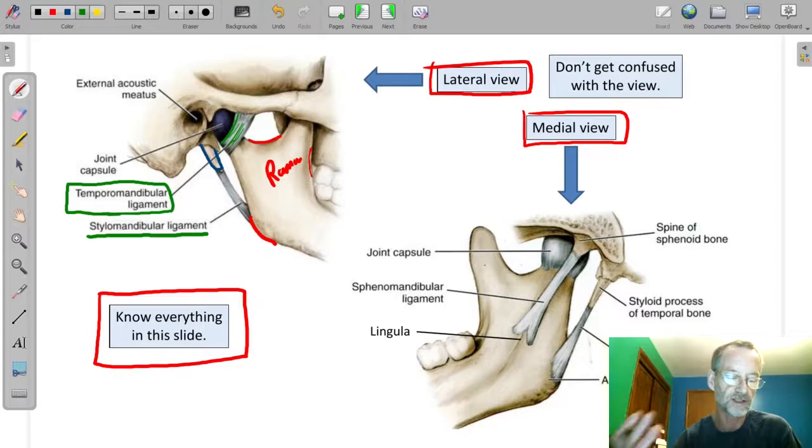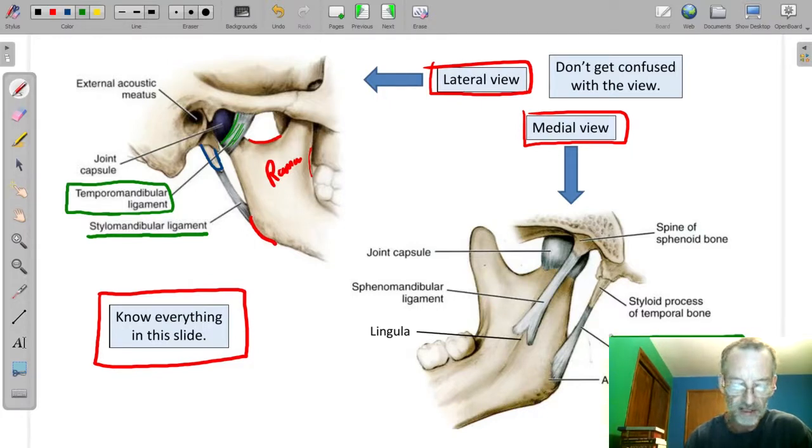It reinforces, it strengthens the joint. Okay. And then on a medial view on the right, here again is the stylomandibular ligament that we just looked at. Same ligament. Now we're on the medial surface.